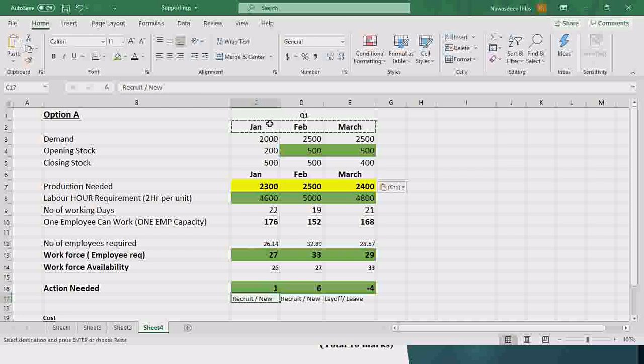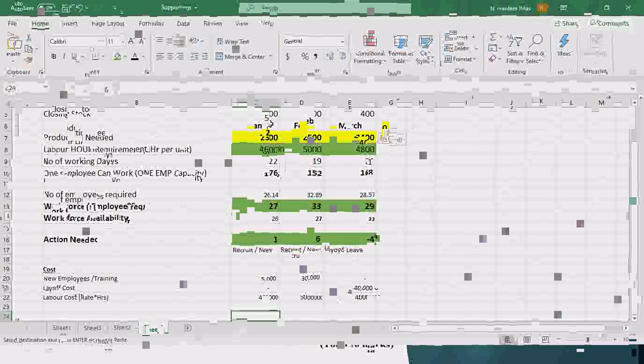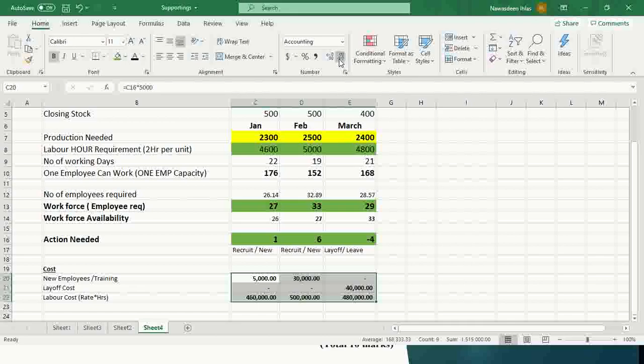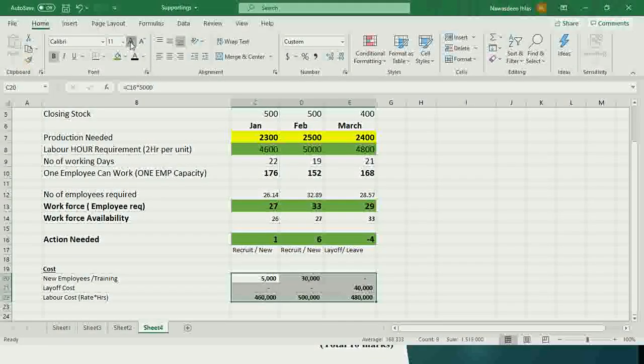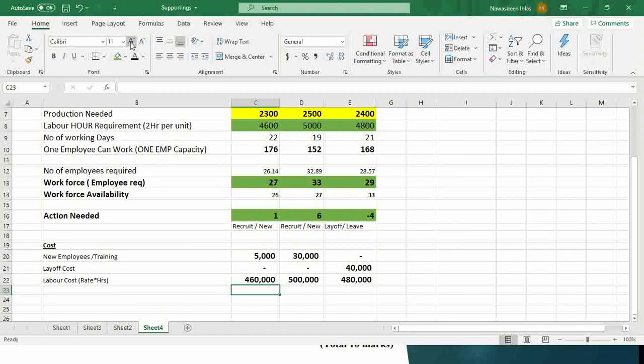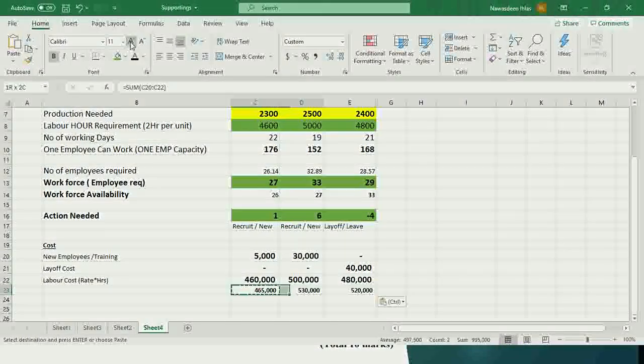Now you can see clearly our cost structure will be like this. If you are following this first strategy, for January this will be our cost, then February, March.